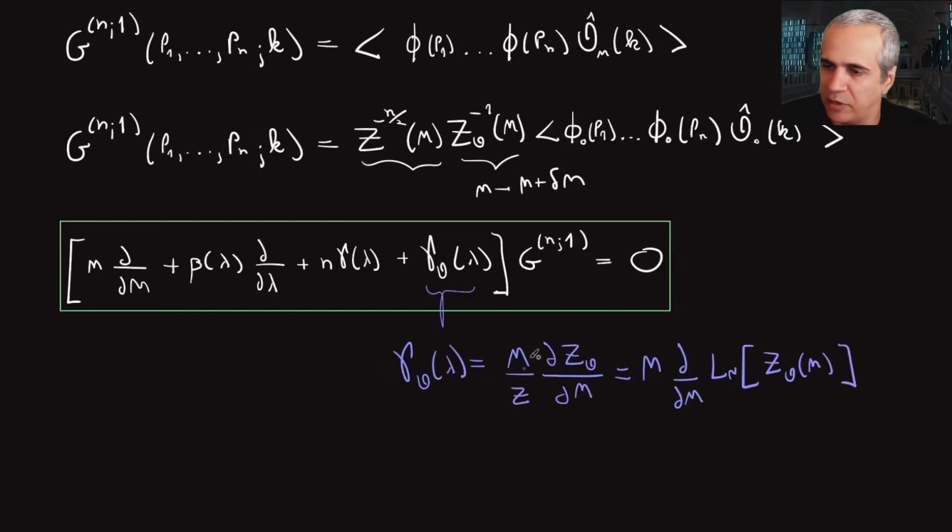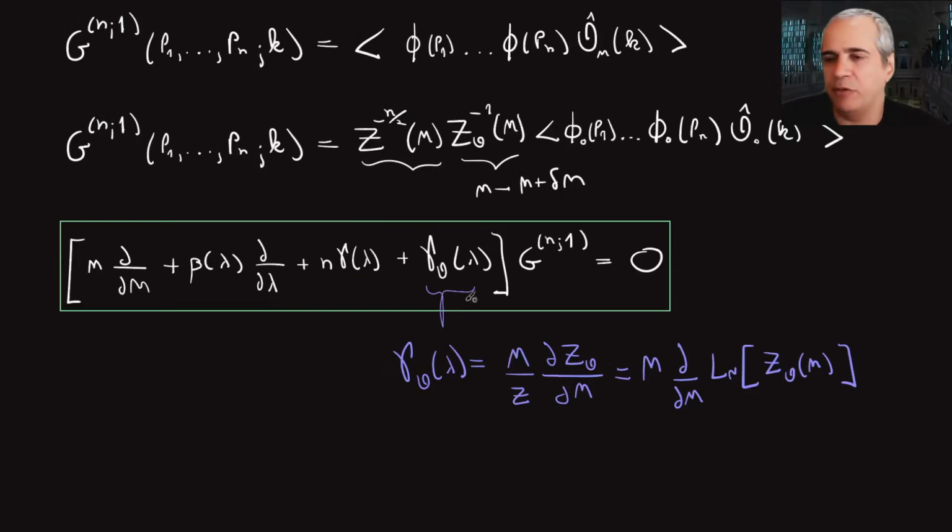Same thing. And that's the definition of the gamma function now. And it's the same definition we used before for this field, just replace Z by Z_O. Exactly the same one.